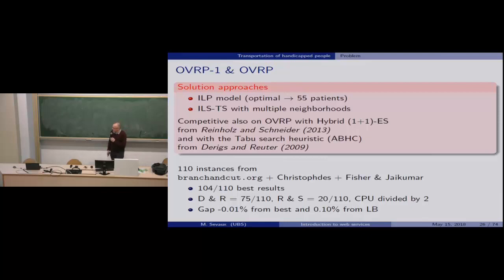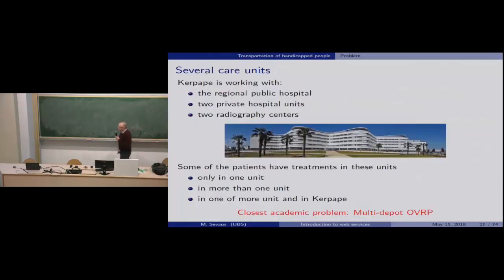And the gap was very low from the lower bound obtained by the relaxation of the ILP model. So that was very encouraging. But of course the problem of the medical center is much more complicated than this.